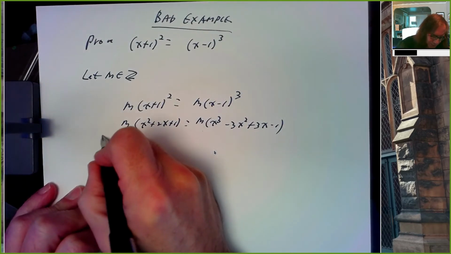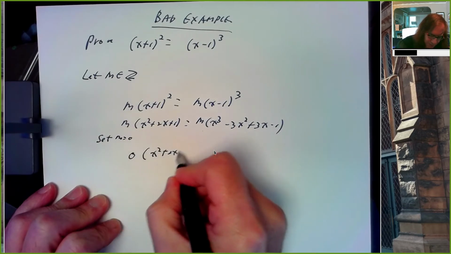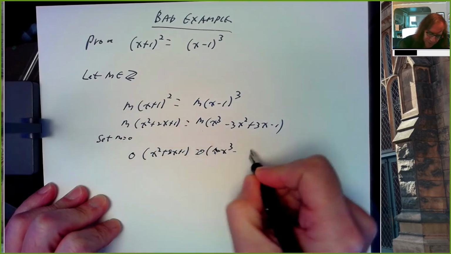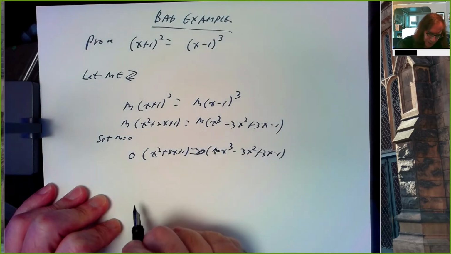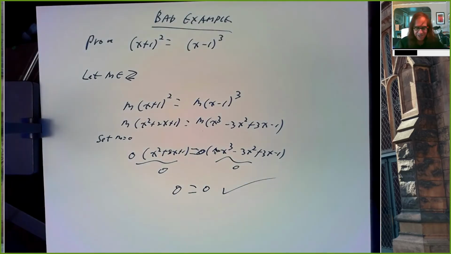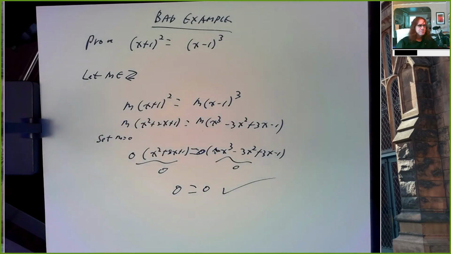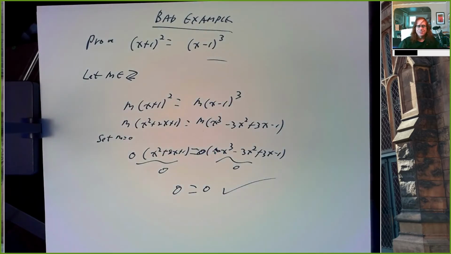And then we'll say set m equal to 0, and 0 times x squared plus 2x plus 1 equals 0 times x cubed minus 3x squared plus 3x minus 1. And this is equal to 0, and this is equal to 0, and so 0 equals 0. Hey, that's true. I'm done. I proved x plus 1 squared is equal to x minus 1 cubed. Right? Well, that better not be a valid proof, because if this is true, our bridges are going to start falling down and such.